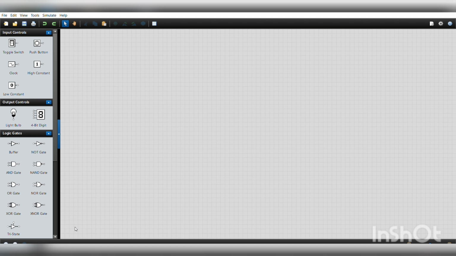Since the number of inputs is 4, we are going to use 4 toggle switches. So let me bring this. Next, I am going to use 2 OR gates, since my output equations are E2 plus E3 and E1 plus E3.